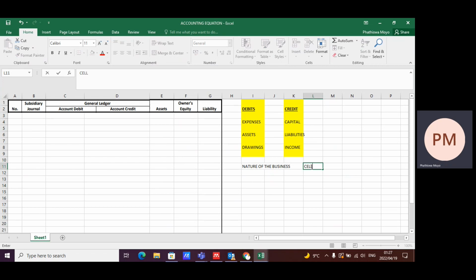So these people are selling cell phones. So their inventory is cell phones. We're not going to say cell phones is part of equipment. No, they are selling it. So it's the inventory.